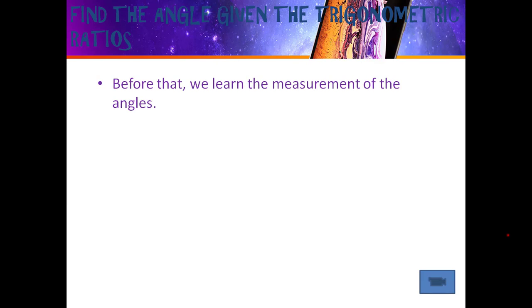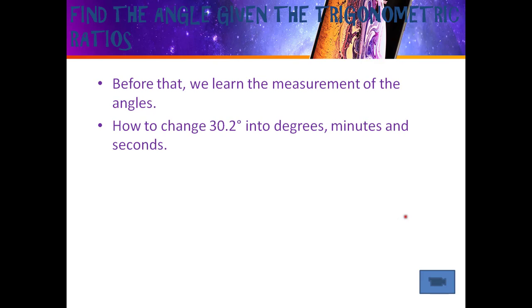Before that, we learn the measurement of the angles. Note that angles are the measures for turning, so you have two sides. How do we change 30.2 degrees into degrees, minutes and seconds? Note that this one is a decimal.